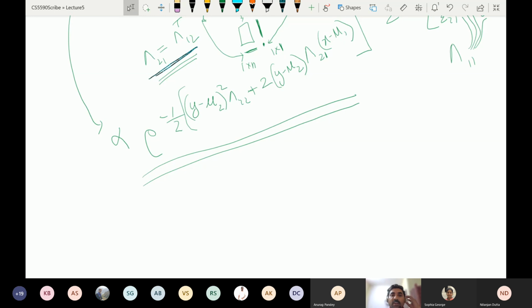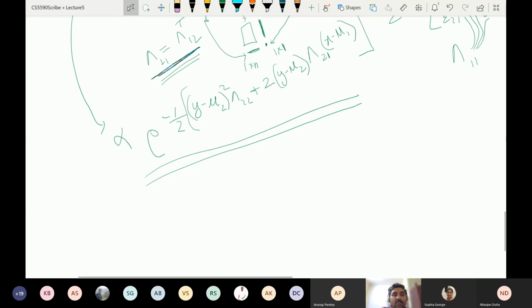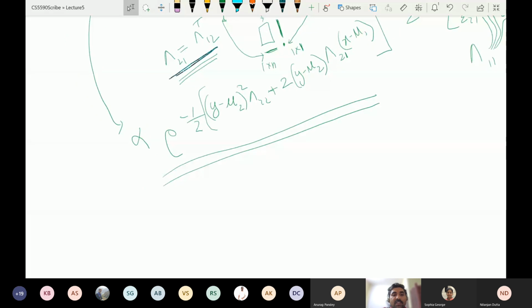And if I have to do that, I have to write this in standard form. I should write it like e to the power of minus y minus mu square by 2 sigma square, something like that. So let me write it and then convince you why that is correct.